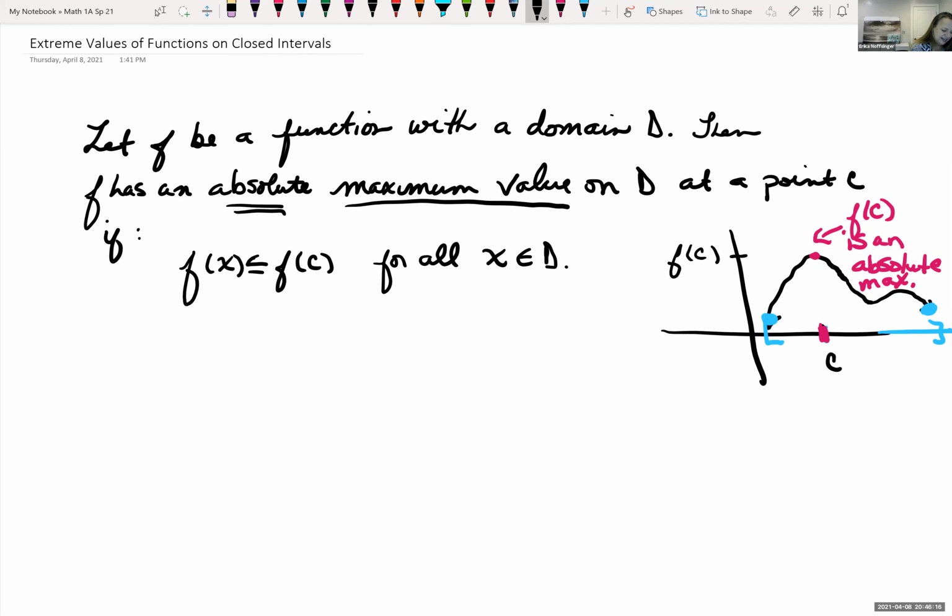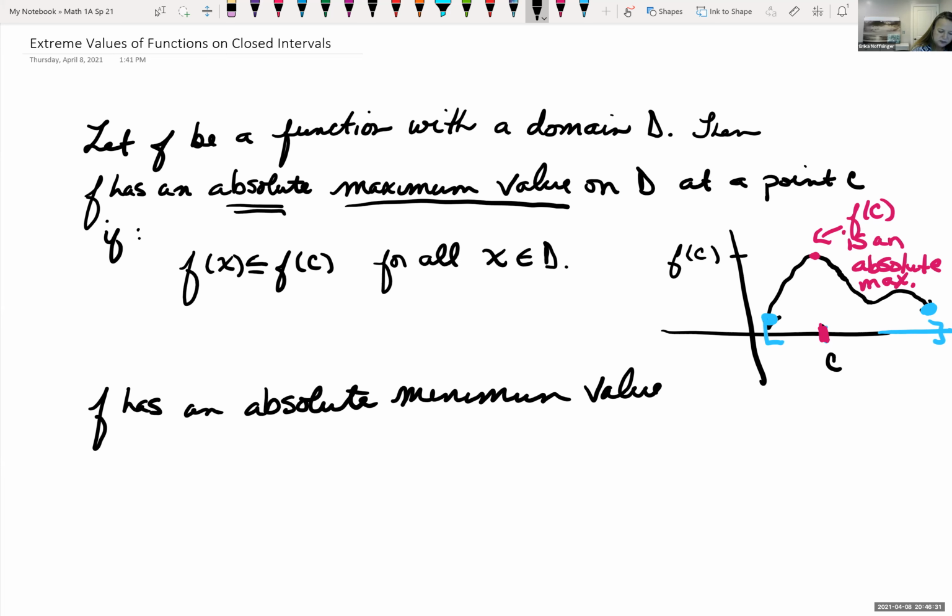We would say that f has an absolute minimum value on D, let's say at x equals B, if the following holds. Well, if it's a minimum, it has to be the smallest value.